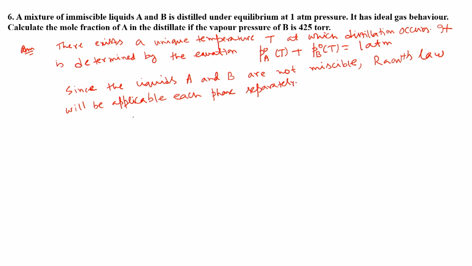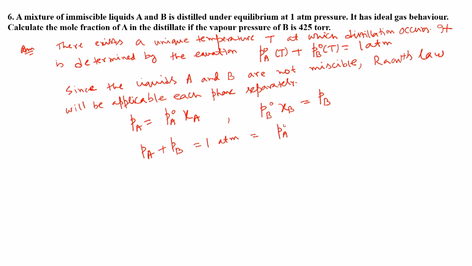So PA will be PA naught times XA, where XA is the mole fraction of component A, and PB naught times XB gives PB. So we can write PA plus PB equals 1 atmospheric pressure, right?